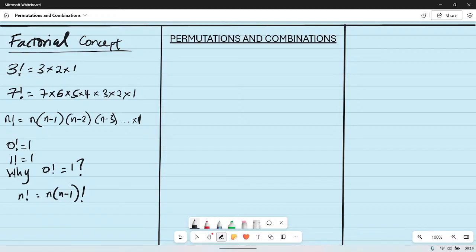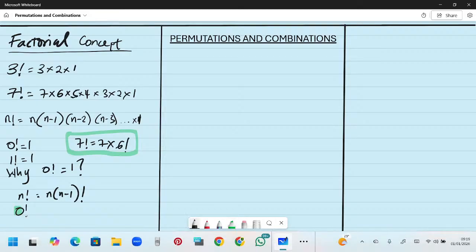If you have 7 factorial, I can write it as 7 times 6 factorial, because 6 factorial is 6, 5, 4, 3, 2, 1, multiplying downwards to 1.